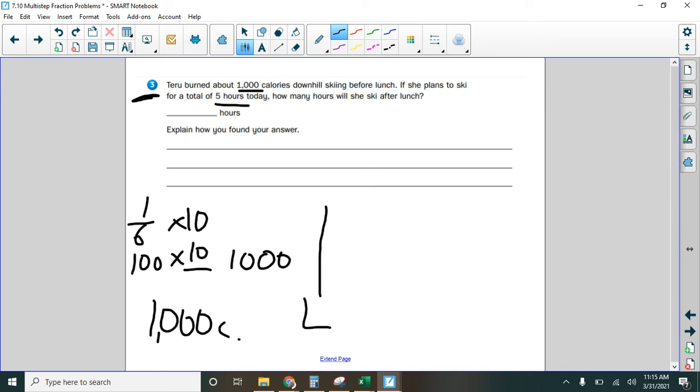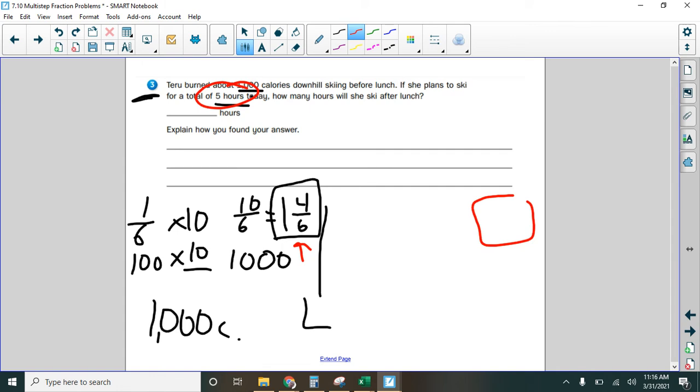What is 1/6 times 10? 10/6 or 6/6 plus 4/6. So this would be 1 4/6. Okay, so this is how long she went skiing in the morning. She wants to ski for 5 hours. So this number plus whatever she skied here equals 5.